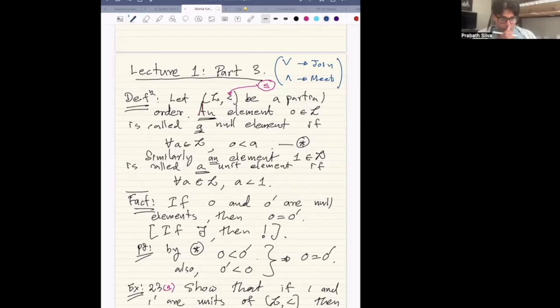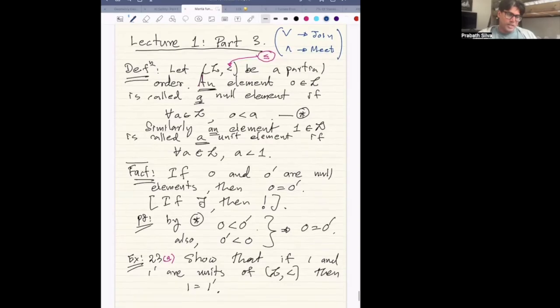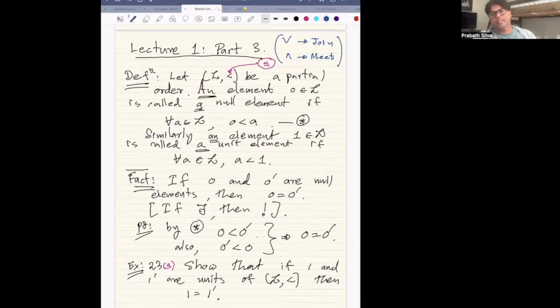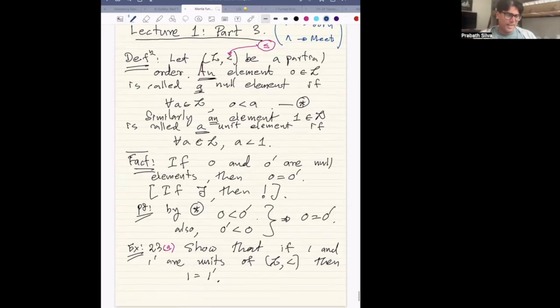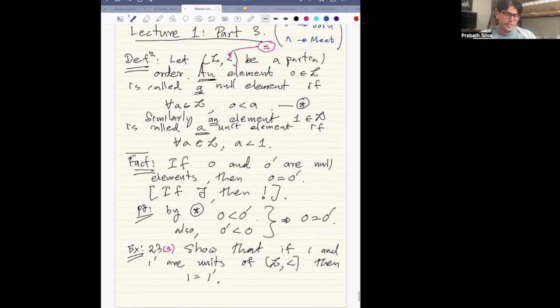So we are still working inside the partial order, and then I define what the join and meet of a collection of elements is.